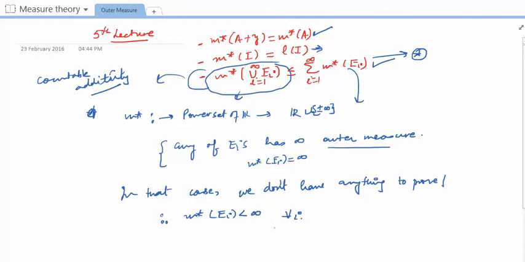We have to prove our inequality only in this case: M star of the union of Ei, i from 1 to infinity, is less than or equal to the summation of M star of Ei, i from 1 to infinity.